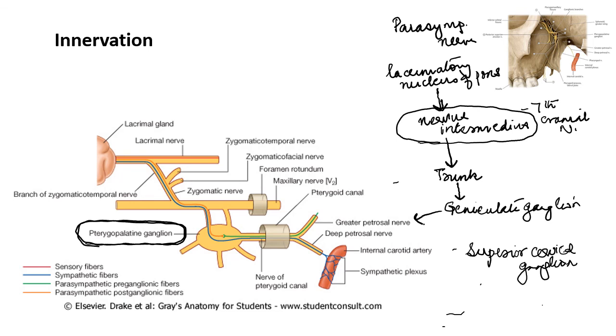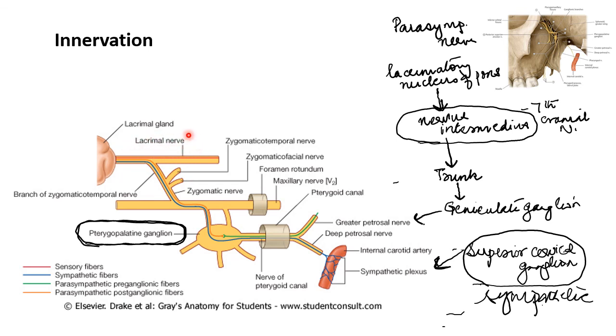So this is the sympathetic component which is coming into the gland. The sensory, अब जो lacrimal gland को अगर कुछ other sensations की, those sensory sensations are being carried by the lacrimal nerve. So this is the innervation.